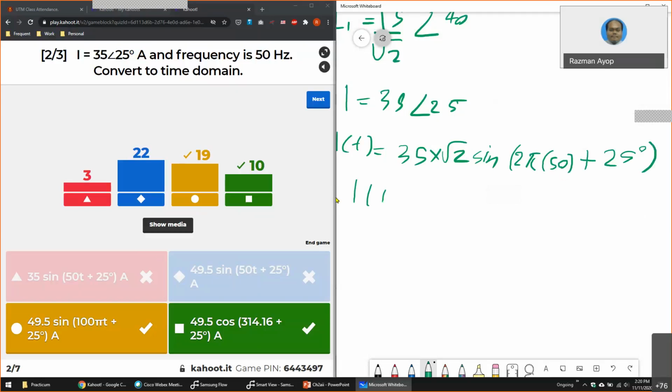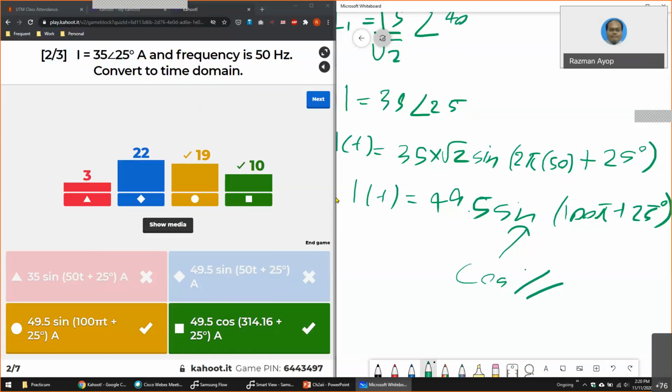So i(t) equals 49.5 sine(2 pi, this one is 100 pi, t plus 25 degrees). Or you can use cos. Either way, you get the correct answer. But if there are many equations and one uses cos, make sure all use cos. Okay, still correct.